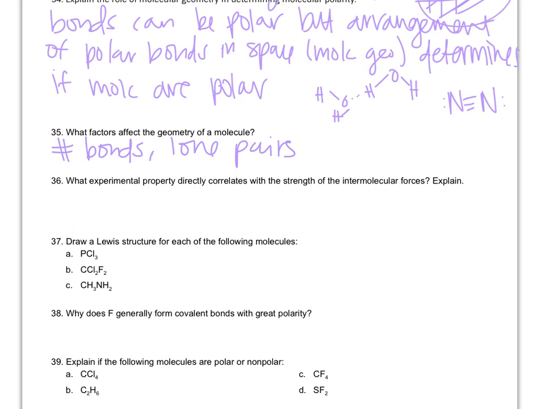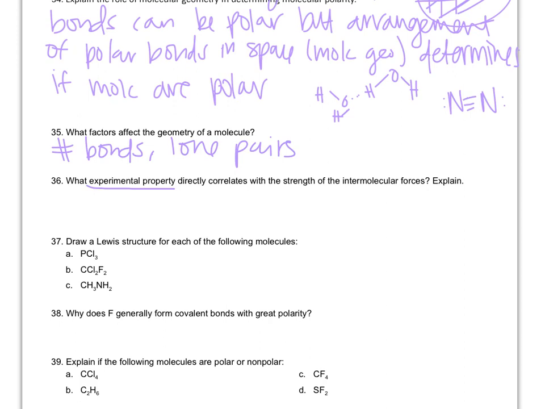Number 36 says, what experimental property directly correlates with the strength of intermolecular forces? So an experimental property is a property that we can experiment with and determine. So if you had a liquid of some sort, you could experiment on it using these properties and figure out what liquid or what compound it was.